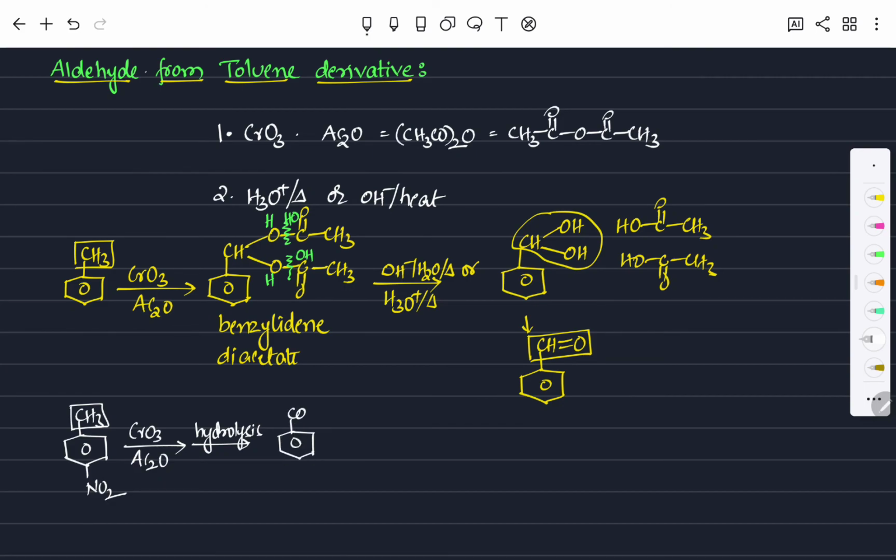The CH3 group is converted to aldehyde, giving para-nitrobenzaldehyde. So whenever you want to convert the benzylic CH3 into CHO, we can use this reagent.